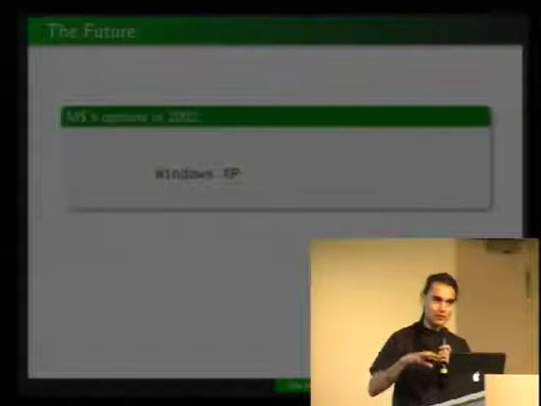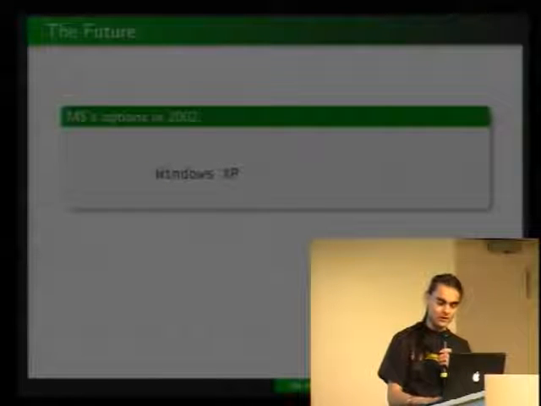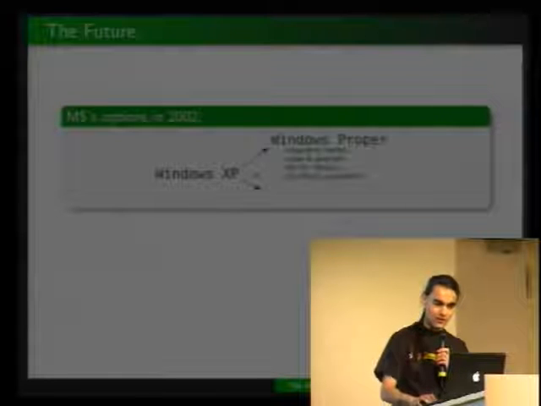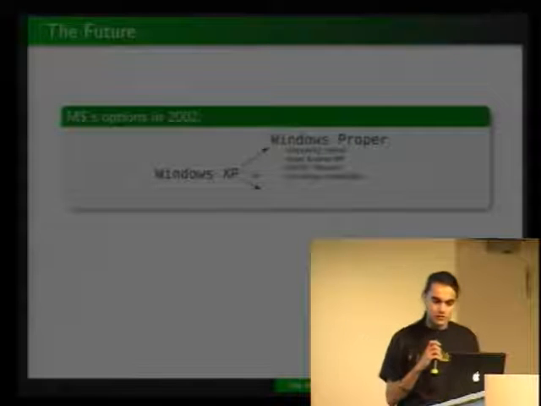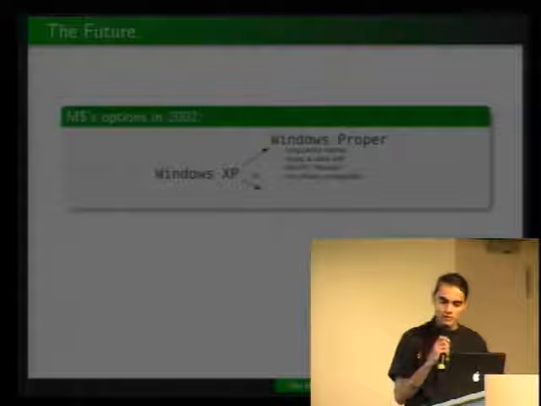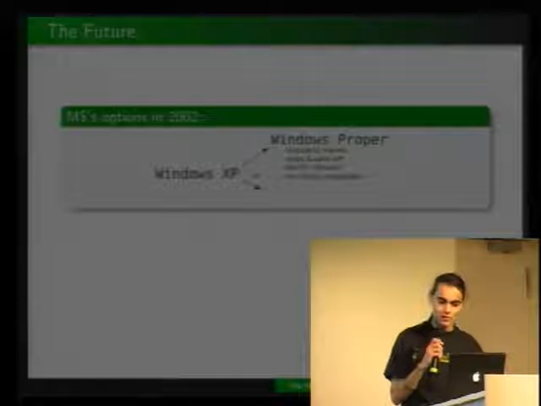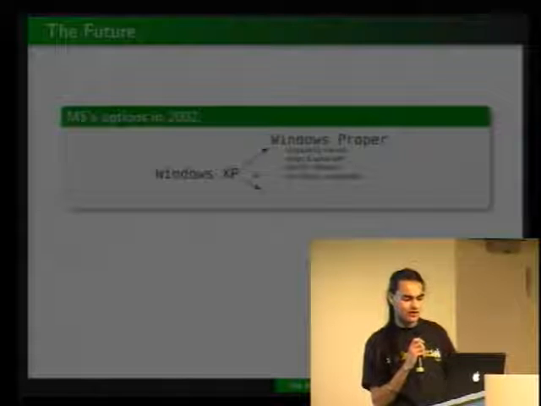They had this quite big operating system with problems, and one way to remove the problems is by doing a fresh start. Windows proper. They have quite an extensive research laboratory, so they are working on the Singularity kernel, which is some sort of microkernel, cleanly implemented, and it seems quite sane.